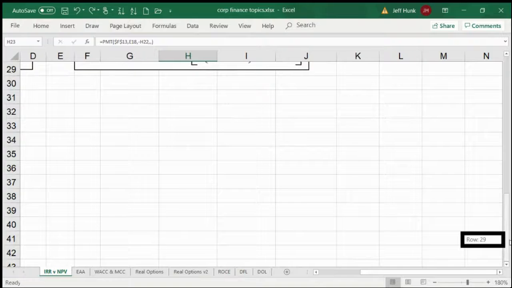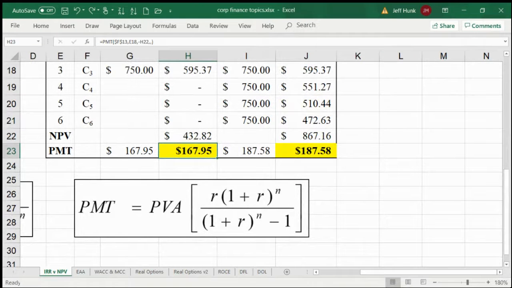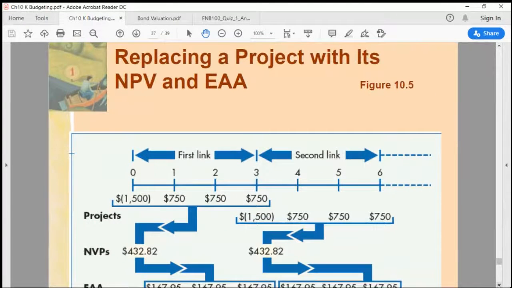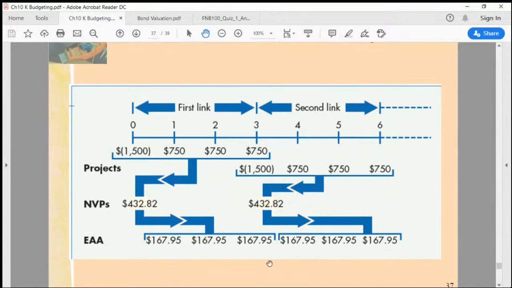Now, let me switch back to PowerPoint. So finally, we took care of that, and this is the graphic representation of replacement chain, right?